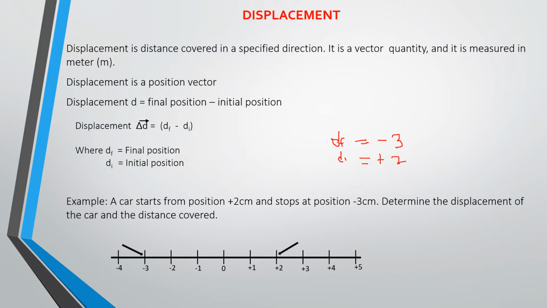If you use this formula, the displacement of the car, that is change in d, is d final, which is minus 3, minus plus 2, which is d initial. So this gives you minus 3 minus 2, which gives you minus 5.